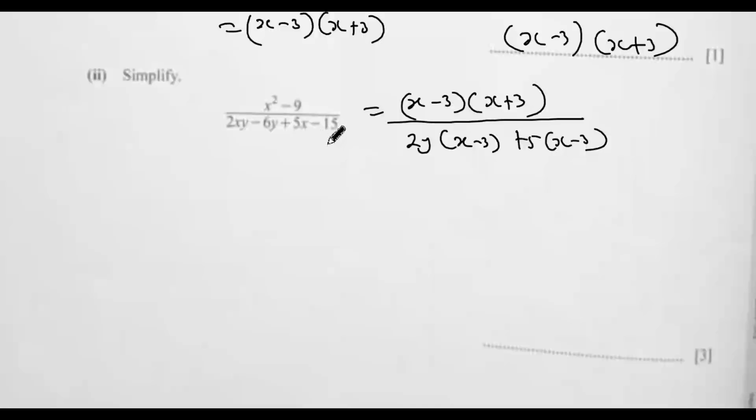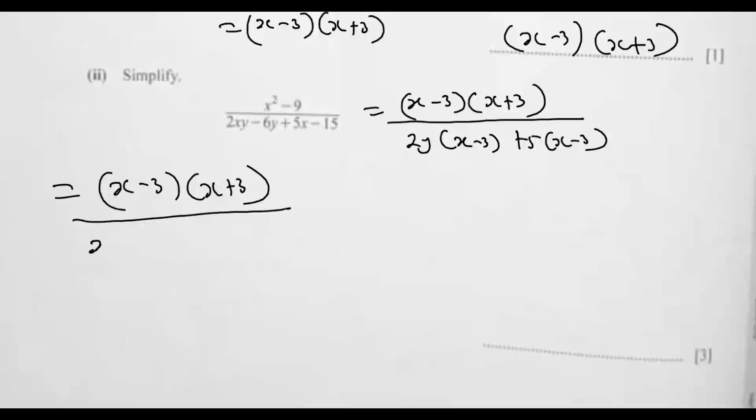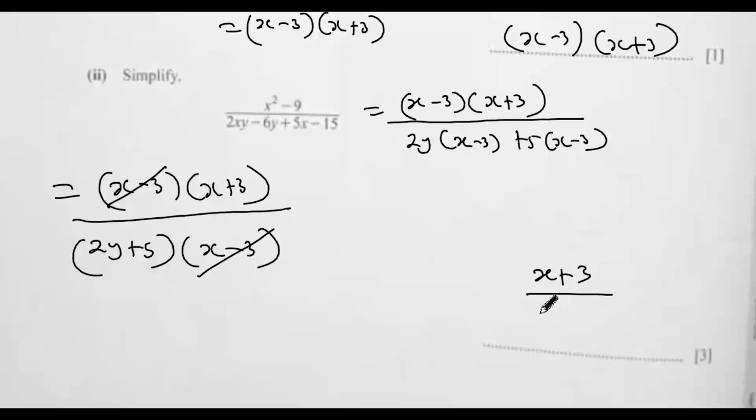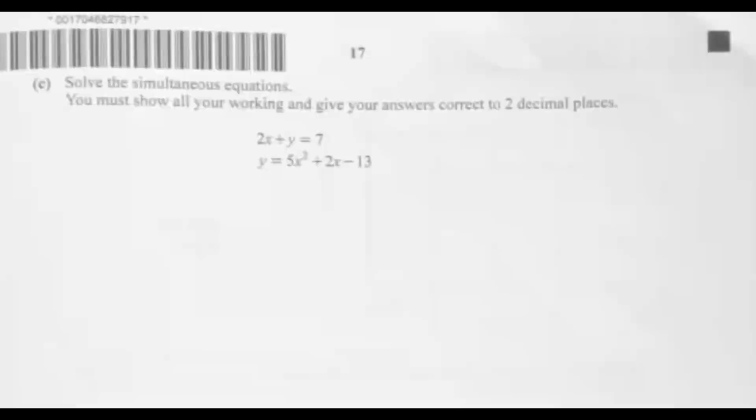If you factorize the denominator, so this is the same thing as x minus 3 into x plus 3, then over 2y plus 5 into x minus 3. So x minus 3 will cancel x minus 3 here. That means I'm left with what? x plus 3 over 2y plus 5. So that is the solution to that question. So let's go to the next question.